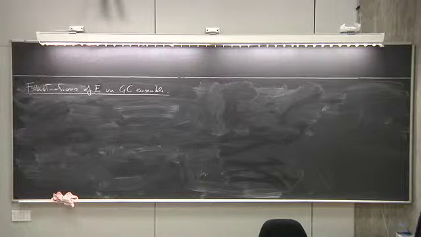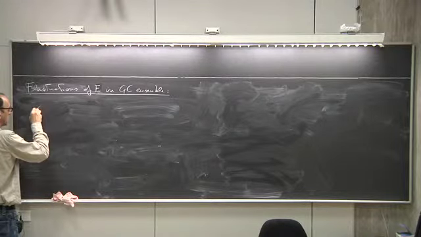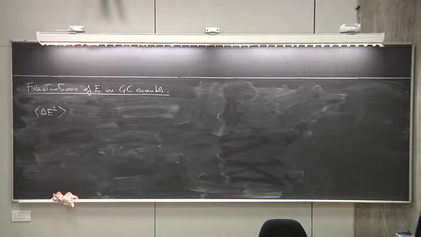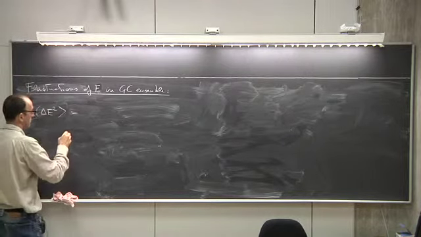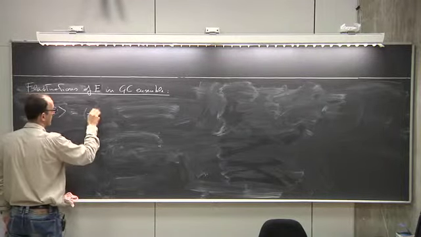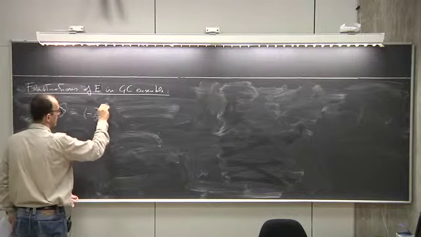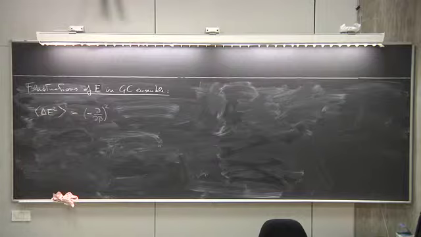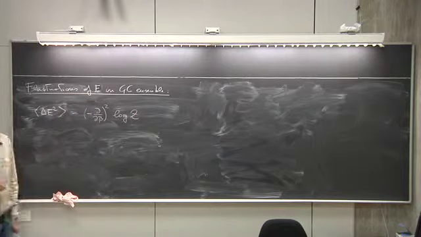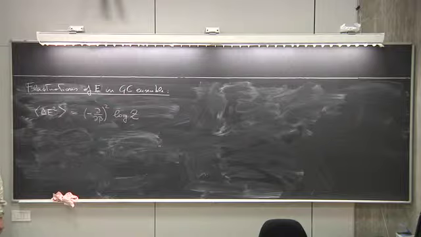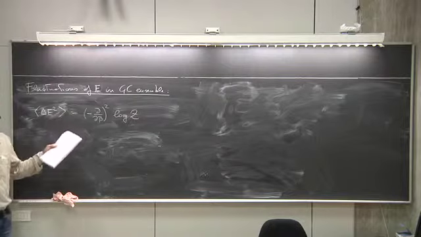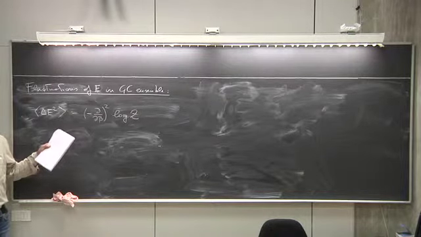The fluctuation of the energy in the grand canonical ensemble, again, you can write a formula which is exactly equal to the one I wrote previously, because if you take twice the derivative with respect to beta of the log of the grand canonical partition function, this will produce exactly the fluctuation of the energy by the same calculation, because every time you take a derivative with respect to beta, you have a factor of E which comes down.